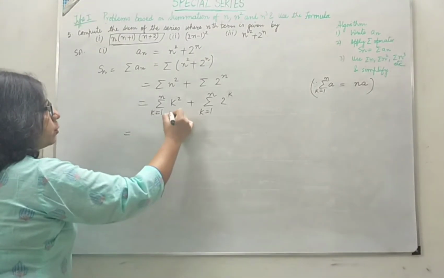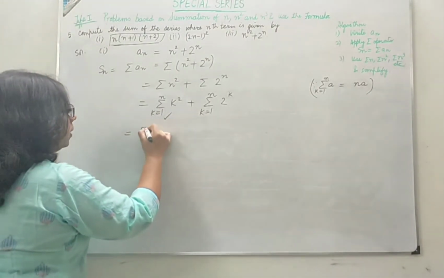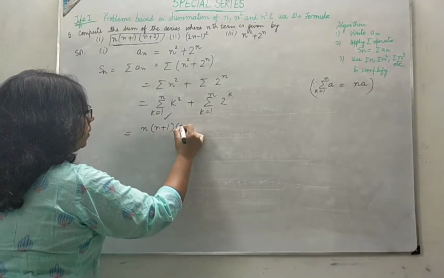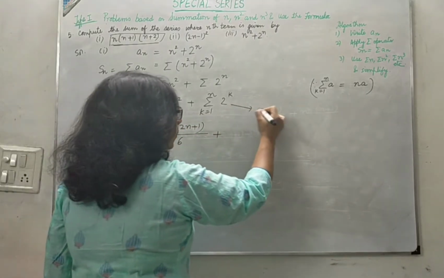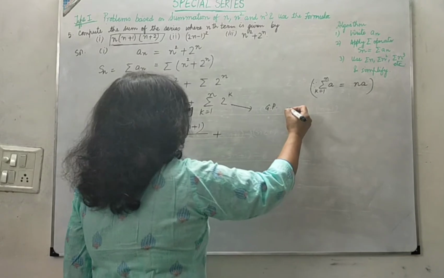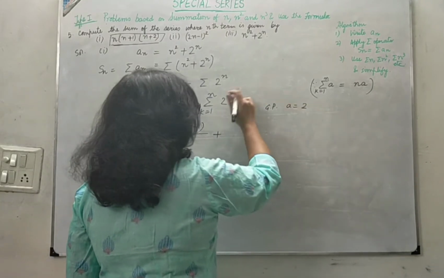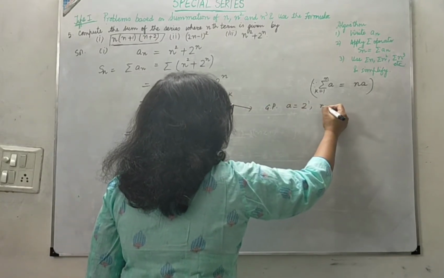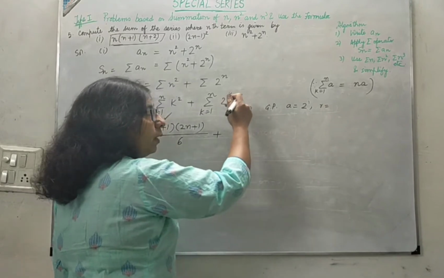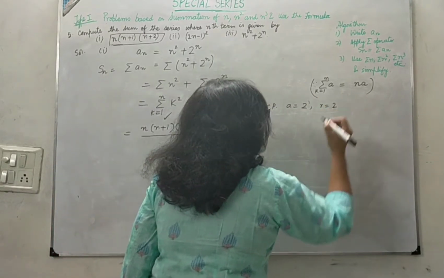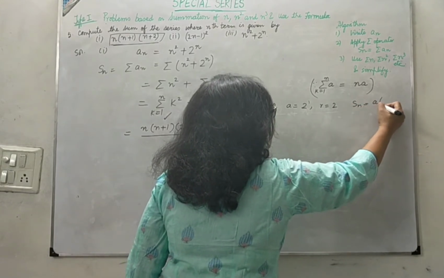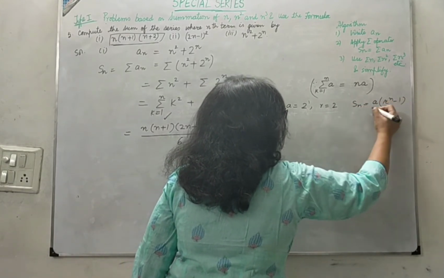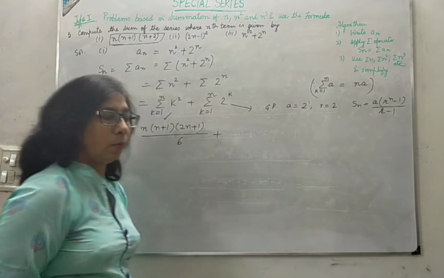Now you can see we have the special series formula directly here, n into n plus 1 into 2n plus 1 by 6. And this is a GP with first term a as 2 to the power 1, and common ratio r as 2 to the power 2 divided by 2 to the power 1, so this is 2, and we can apply the formula for Sn as a into r to the power n minus 1 upon r minus 1.